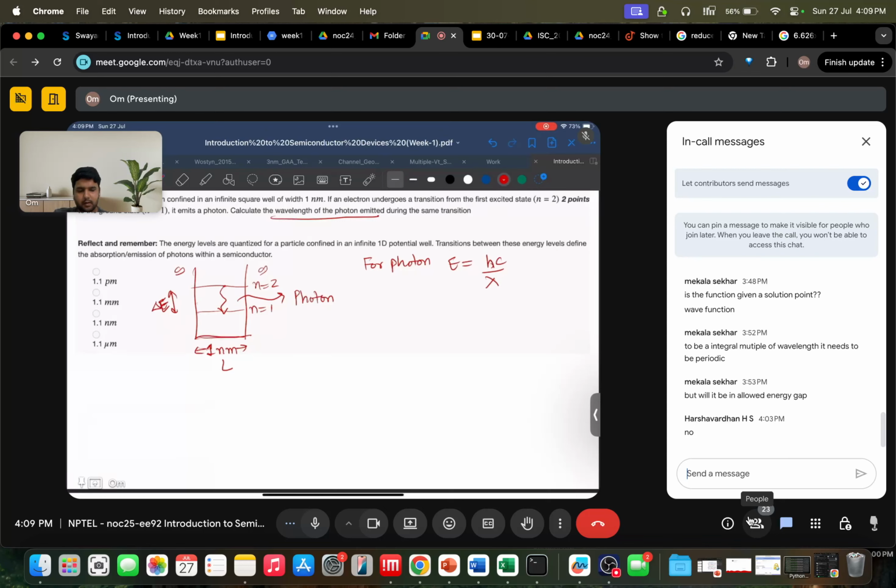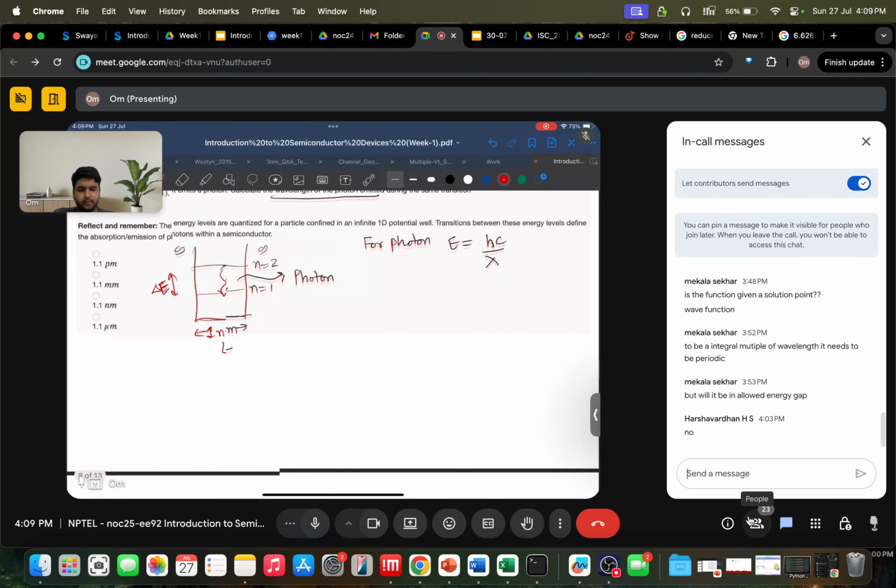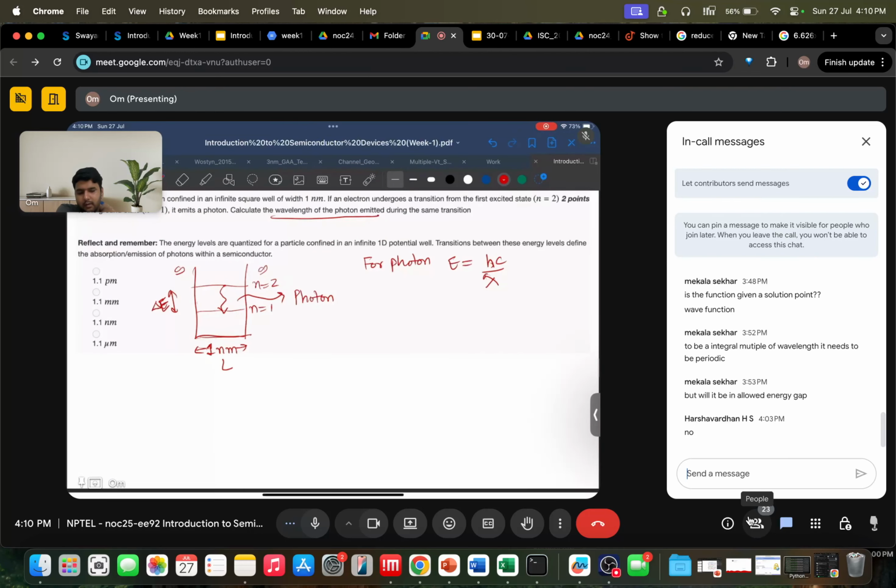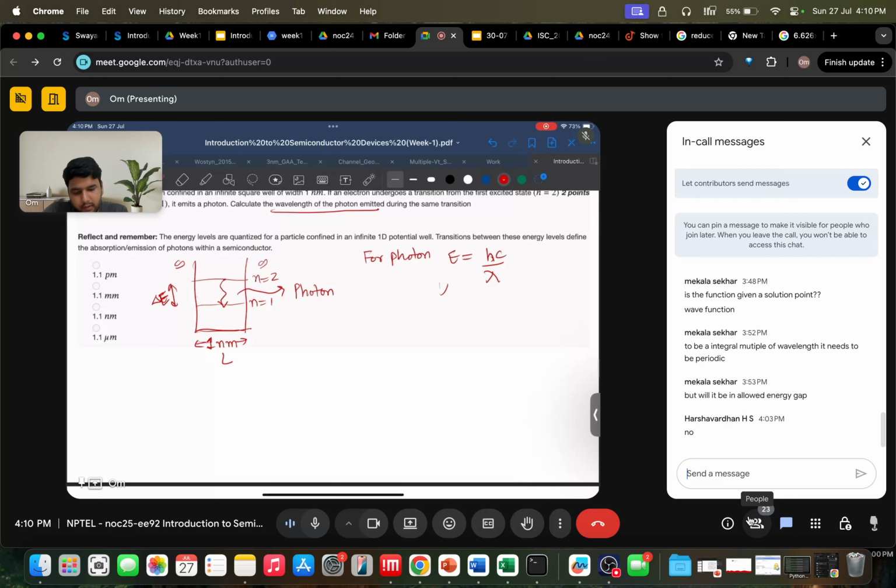This is a standard relation between wavelength and energy for a photon, hc by lambda, and so lambda will be hc by E. We need to find hc by E.